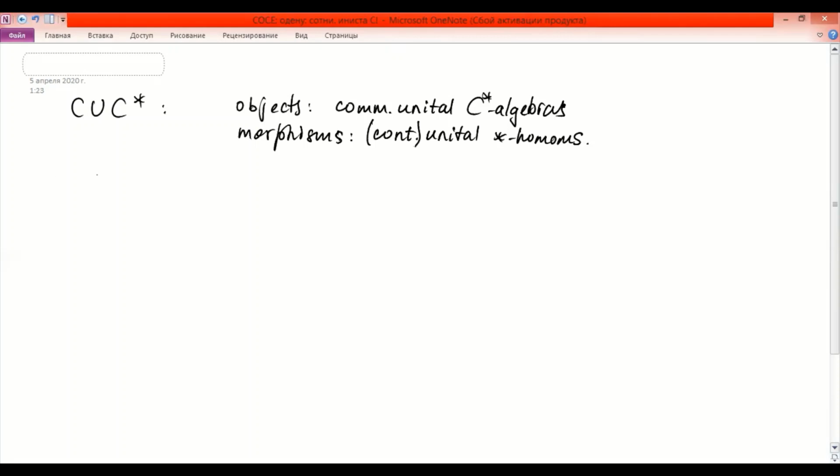Well, proposition two. So now we consider our two functors as functors between the dual of the category of compact Hausdorff spaces and the category of commutative unital C star algebras. So the functor C acts from here to here, and the functor max acts from here to here. I claim that these two functors are equivalences of these two categories.